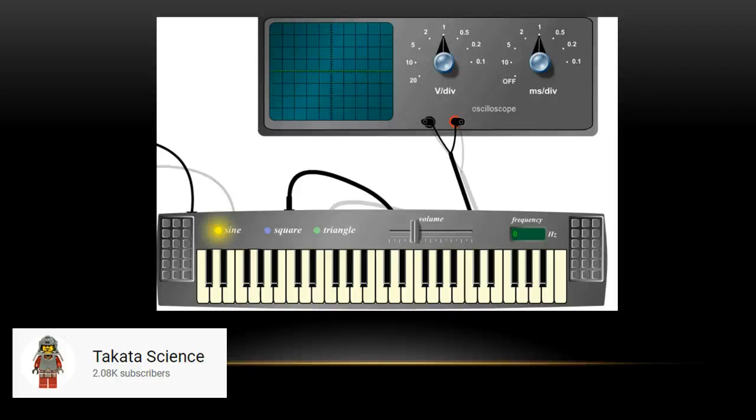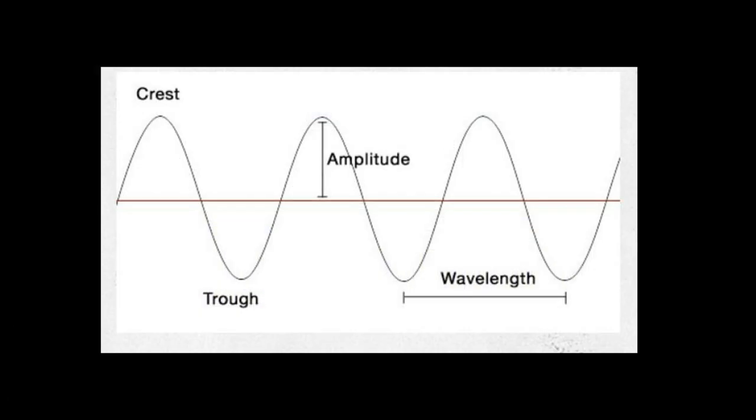As a quick reminder of the parts of a wave, let me remind you of this visual. Here's a sample of a sound wave. It has several parts. First, remember that the amplitude is measured from the midline to the crest, or possibly from the midline to the trough.